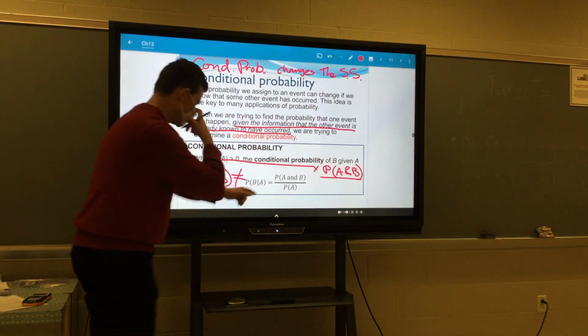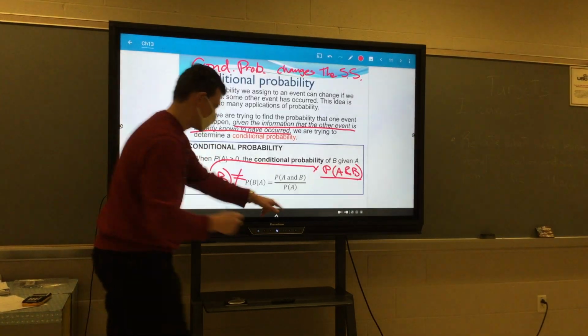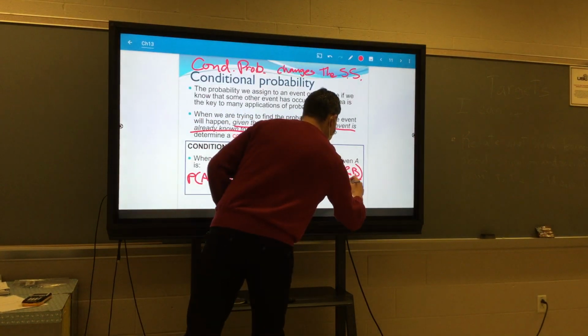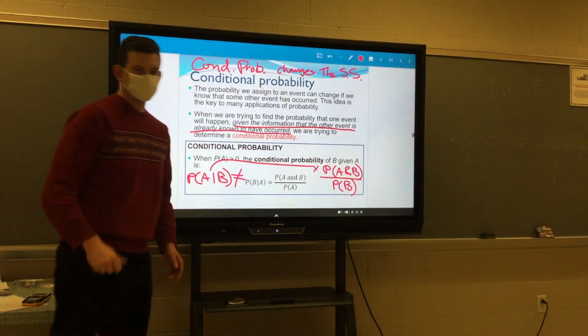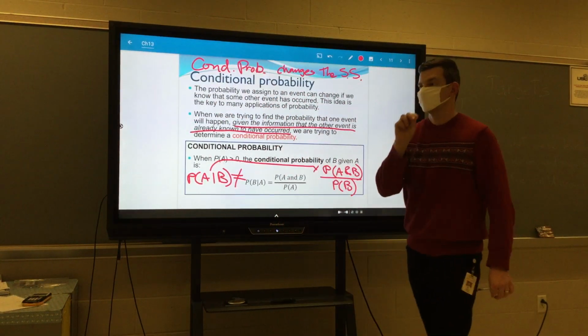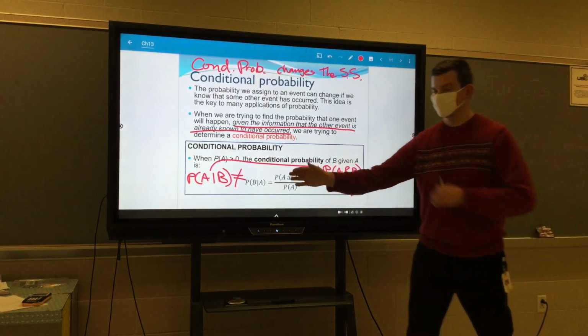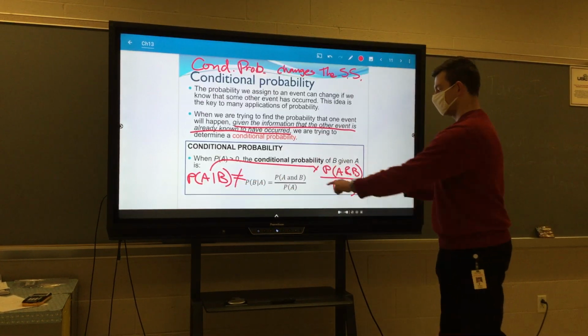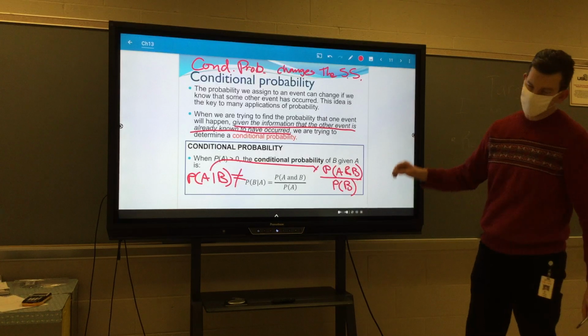The only thing that's different is now the probability of the condition, B, is downstairs in the denominator. And that is the new sample space. The only thing that's different when they're varied like this is that denominator, the sample space.